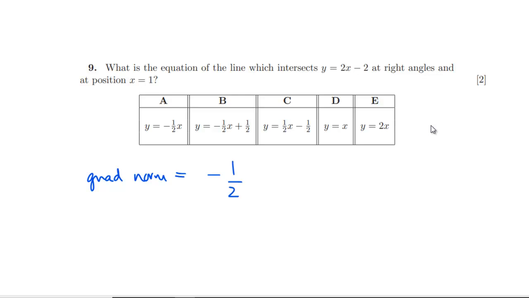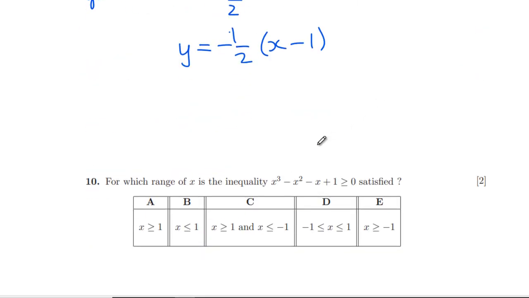We need to go through that: when x is 1, y is going to be 0. Oh, that's easy then. So we've got y is equal to minus a half x minus 1, which is, well, I've not written them in, oh, it's B: minus x over 2 plus a half. They just haven't quite written it in the same format.